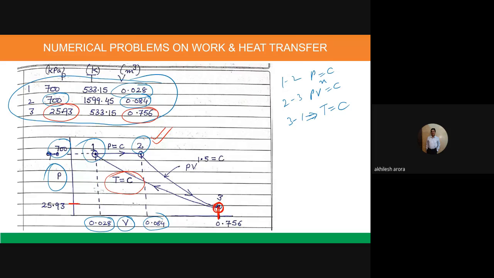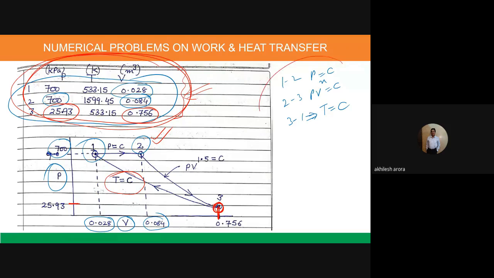Okay, now my advice to you is, I have drawn this diagram after I have got these values. What you should try to think is, suppose you don't have all this information.